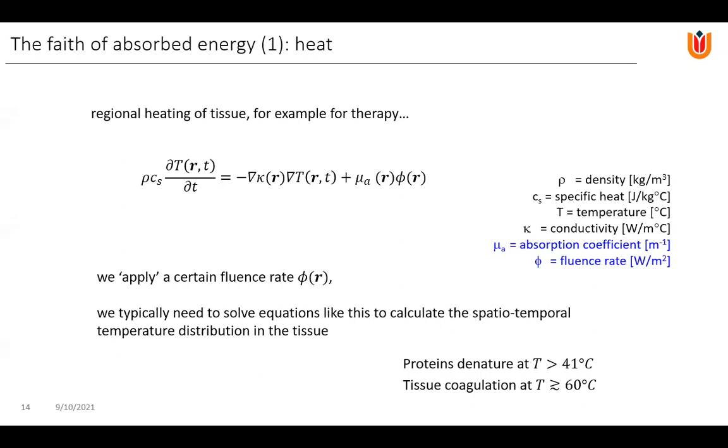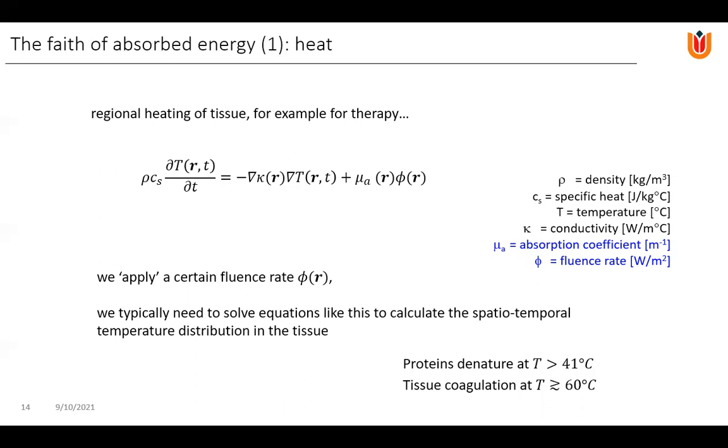That's the point I want to make, of course, because the absorption coefficient is basically our measure of how effectively the energy of light is transferred into heat. So typically you would have to solve equations like this in order to calculate the response.